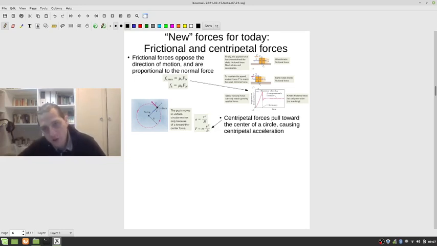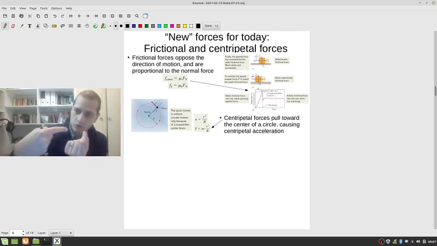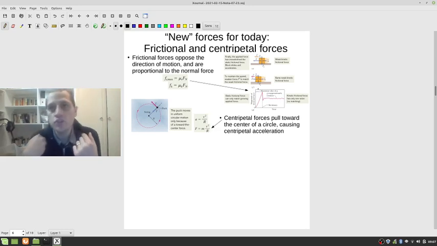For centripetal force, we're just making a little tweak on that: to have an acceleration, by Newton's second law, F equals ma, there must be a force that's causing that acceleration. So a centripetal force is simply the force that causes the centripetal acceleration. That's not a new type of force, that's a way that forces are being used.